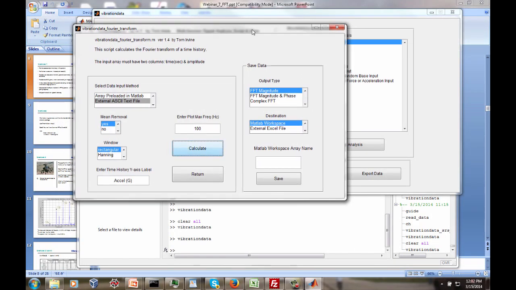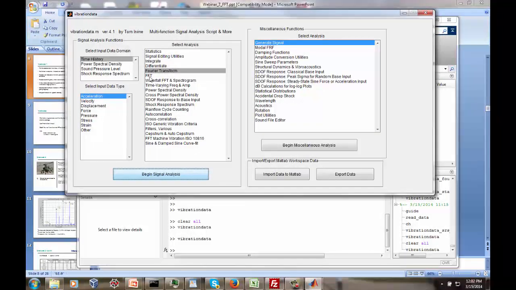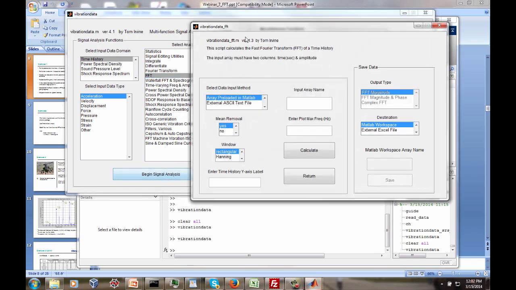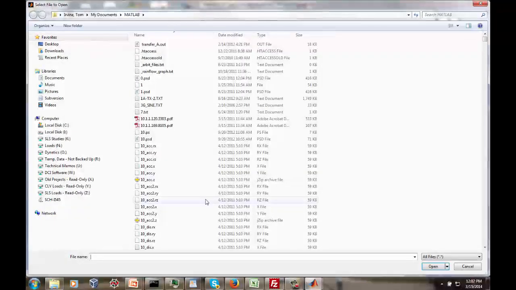Okay, now the next thing we're going to do is go back to the main GUI window. We're going to do an FFT. And I want you to notice how much more quickly the FFT runs. As I push buttons, we'll get the results almost instantaneously. It's going to be the same file, panel.txt.